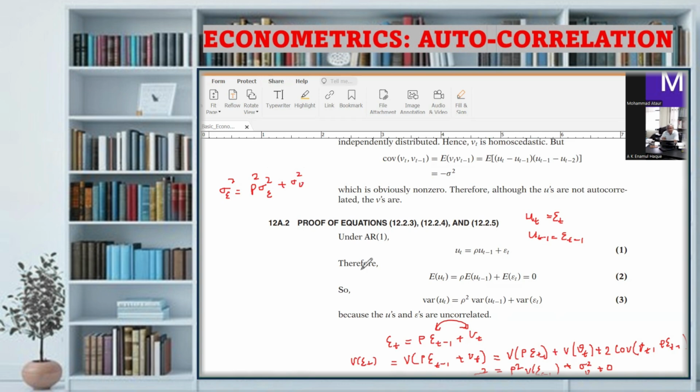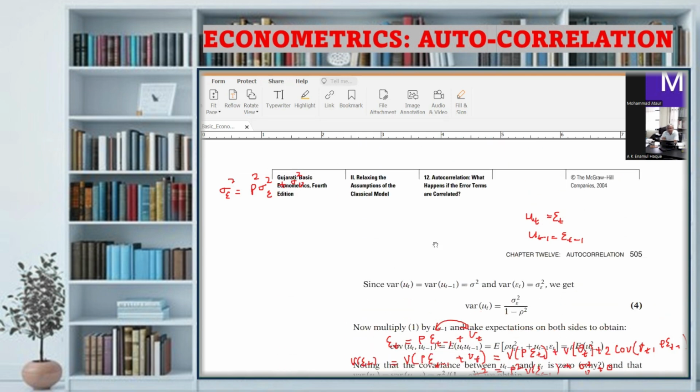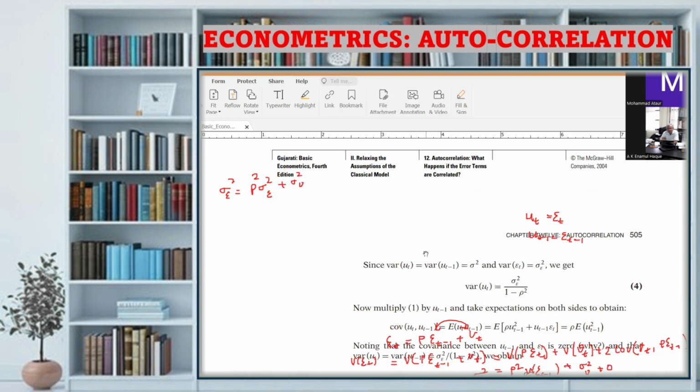So remember that. If I come back here, it will be 1 minus rho square sigma square epsilon equal to sigma square nu. So this is equivalent to sigma square epsilon equal to sigma square nu divided by 1 minus rho square.